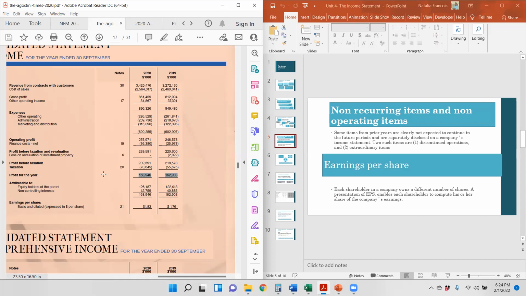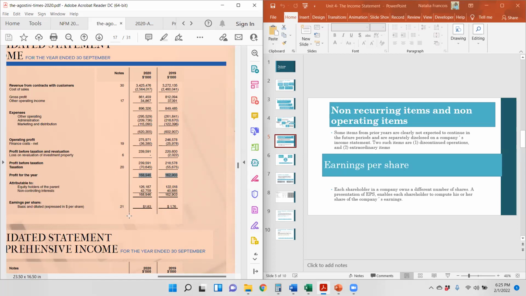Makes sense? If the company has a profit and this many shares, and we divide, it tells me what I have. They don't show the number of shares here; the number of shares is in the balance sheet. We'll get there when we go more into the analysis.